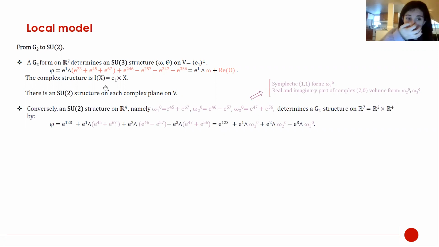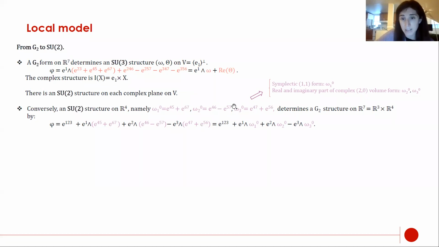And conversely, if we have an SU2 structure on R4, namely the standard one, given by a basis of self-dual forms, here I am seeing omega 1 as the symplectic 1-1 form of R4, and omega 2 and omega 3 as the real and imaginary part of the complex 2-0 volume form.